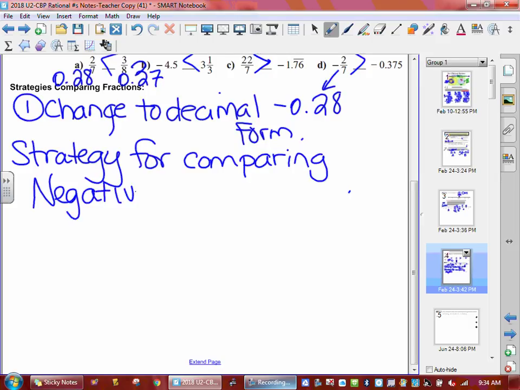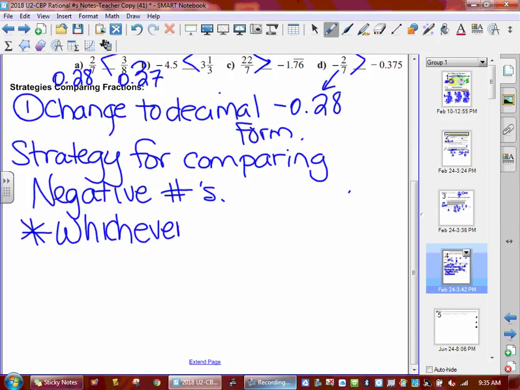First thing we need to do when we compare negative numbers is find out where they're located on the number line. Okay? So the general rule is whichever number is closest to 0 is the bigger number.